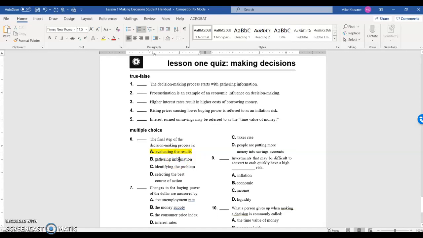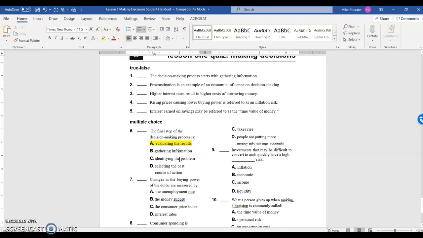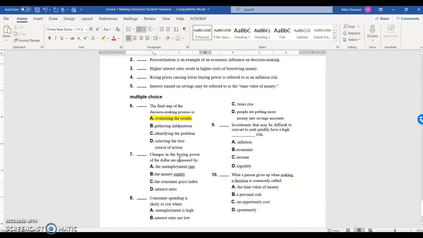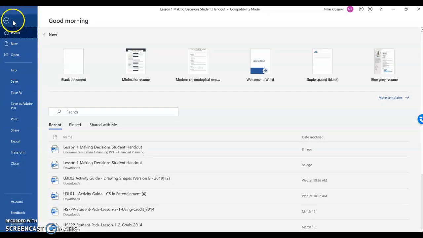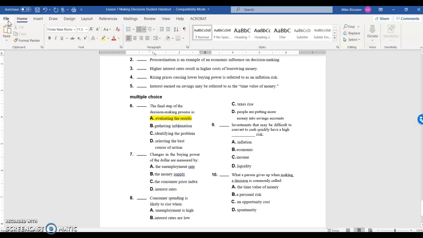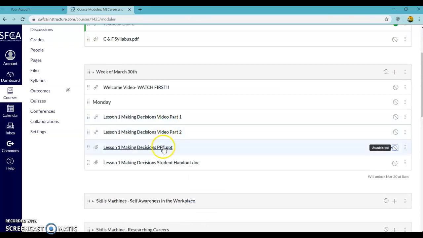and once this handout is completed, then you're going to submit this into Canvas. So make sure that you save it. File, save as. Save it to your computer, and then you're going to go into Canvas, and I will have an assignment there under Tuesday.